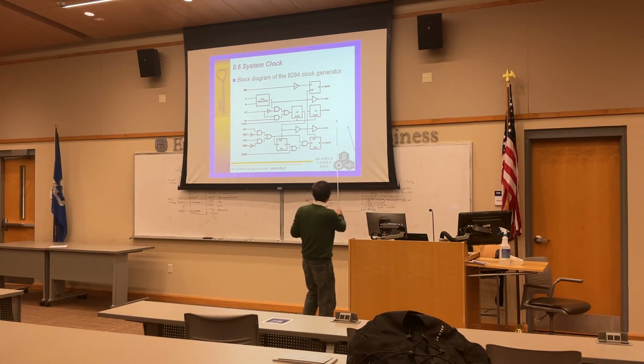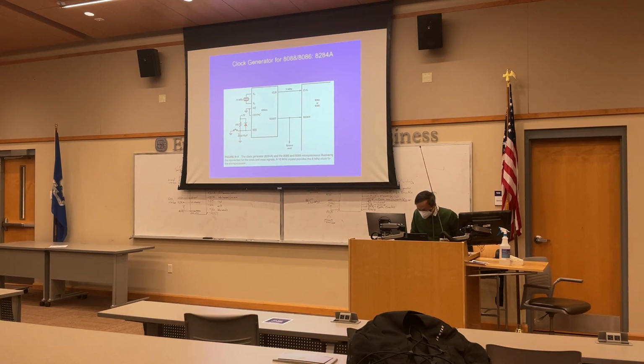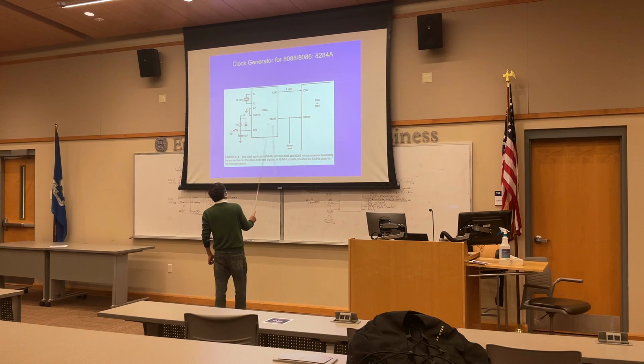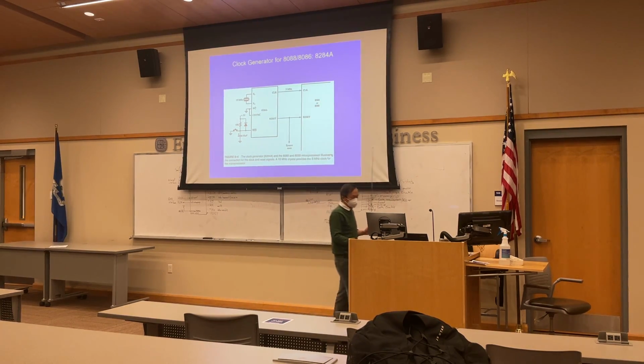So we have the P clock and the clock. The P clock period is longer than the clock. This clock is generated for the 8088/8086 microprocessor. This is an example connection, this is the crystal oscillator, and this is the system reset. This is the clock generator for the microprocessor. Very good.